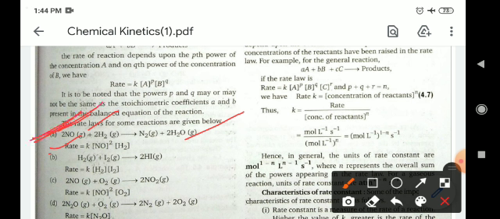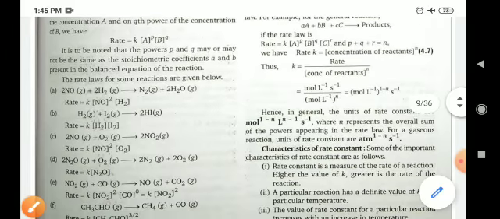According to this reaction the rate would be K [NO] to the power 2 and [H2] to the power 2, but here the power of H2 is 1, because experimentally the rate depends on the concentration of hydrogen only once. So here the power is only 1.